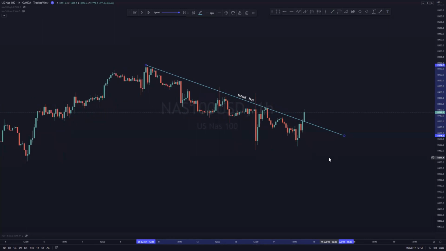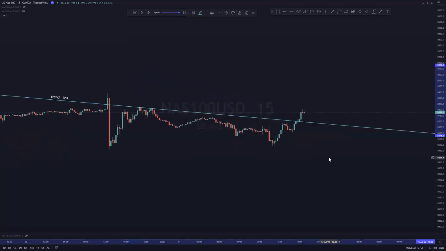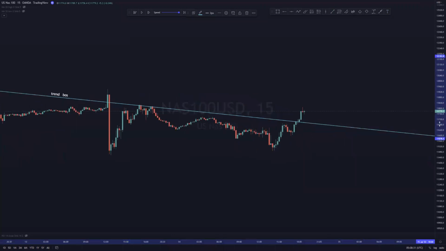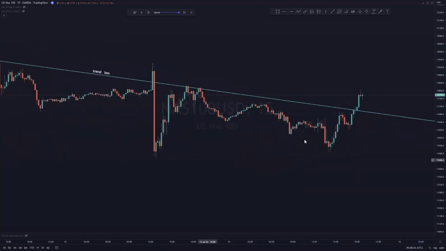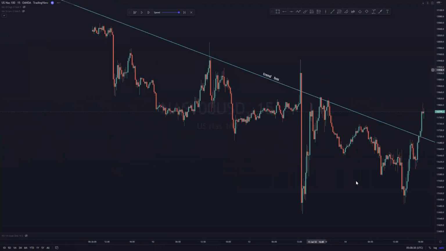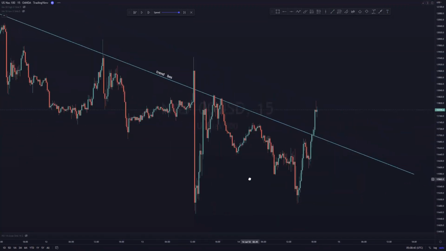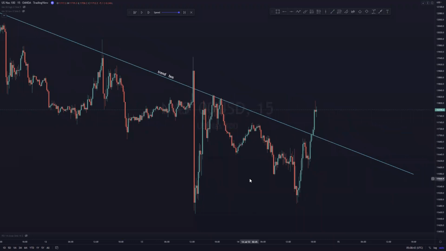It's better to look for other confirmation on a small time frame because NAS100 moves a lot. Remember that this pair moves a lot. So we are going to look for other confirmation on the smaller time frame.